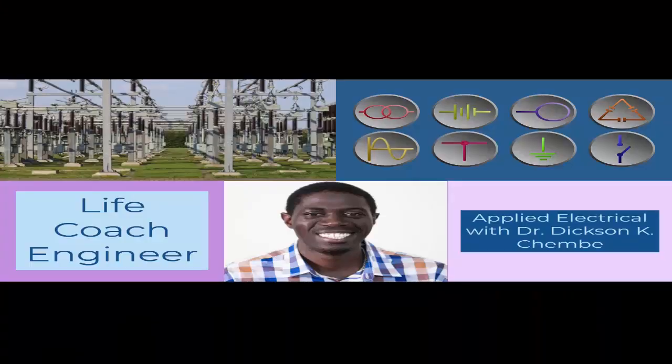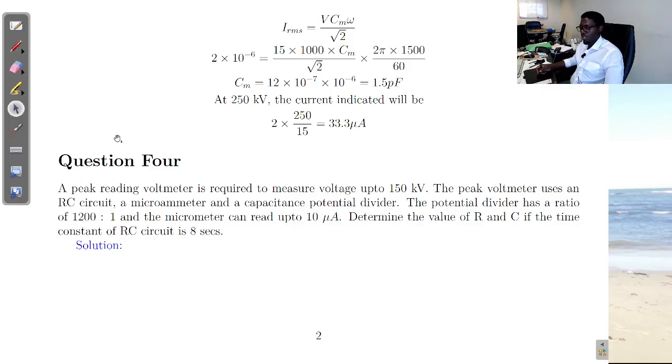That's my way. Question number 4 is about a peak reading voltmeter, which is required to measure voltage up to 150 kV. The peak voltmeter uses an RC circuit, a microammeter, and a capacitance potential divider.